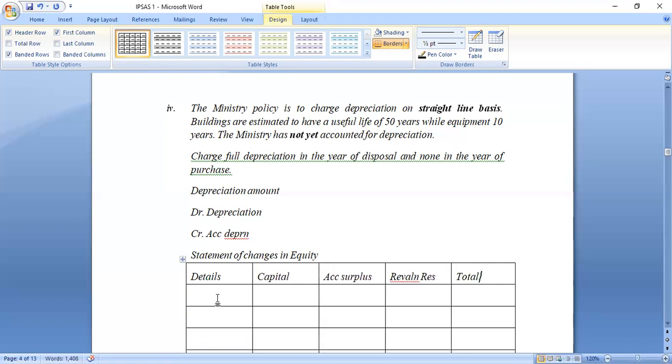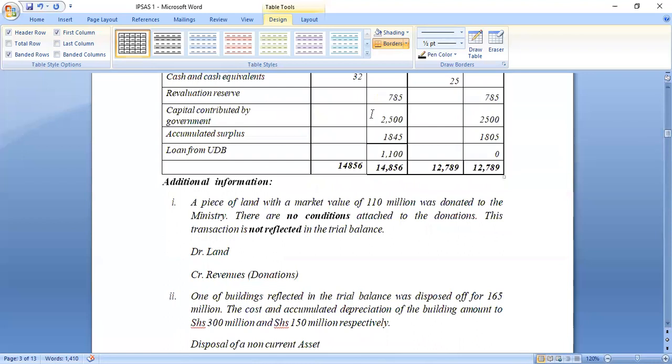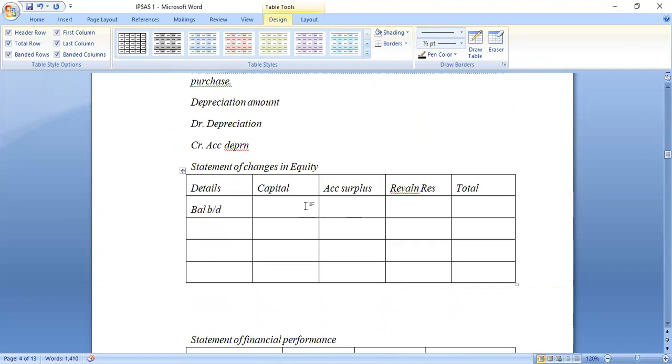So what happens is you're supposed to have the opening balances, what you call the balance carried down. If I may just borrow from this information that we had, our opening capital was 2.5. So you come and put 2.5. I'm just doing for 2015.